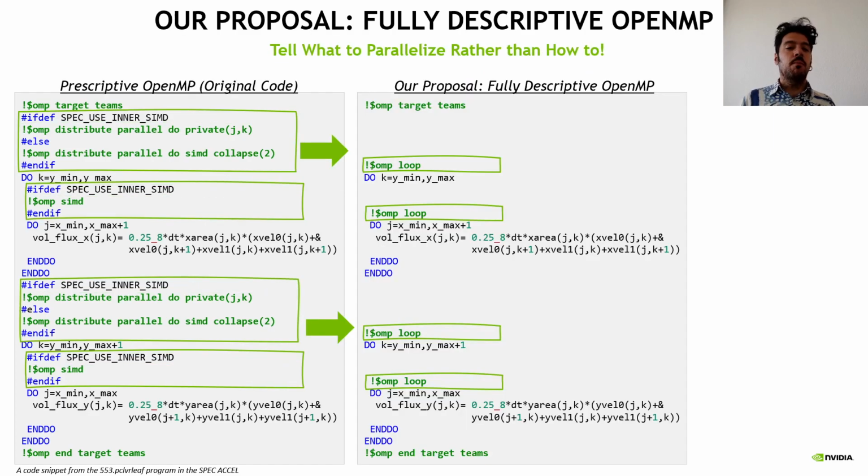To overcome the performance portability problem, we are proposing a fully descriptive OpenMP. In this model, the user tells the compiler what to parallelize rather than how to. We leverage the OMP loop directive, which is already in the OpenMP standard, however we extend its capabilities. We use this directive because it means the following iterations are data independent.